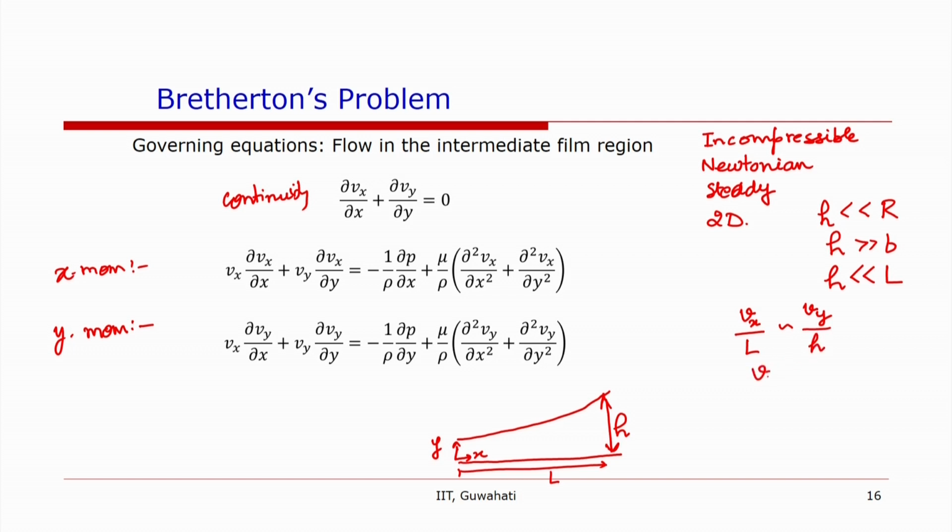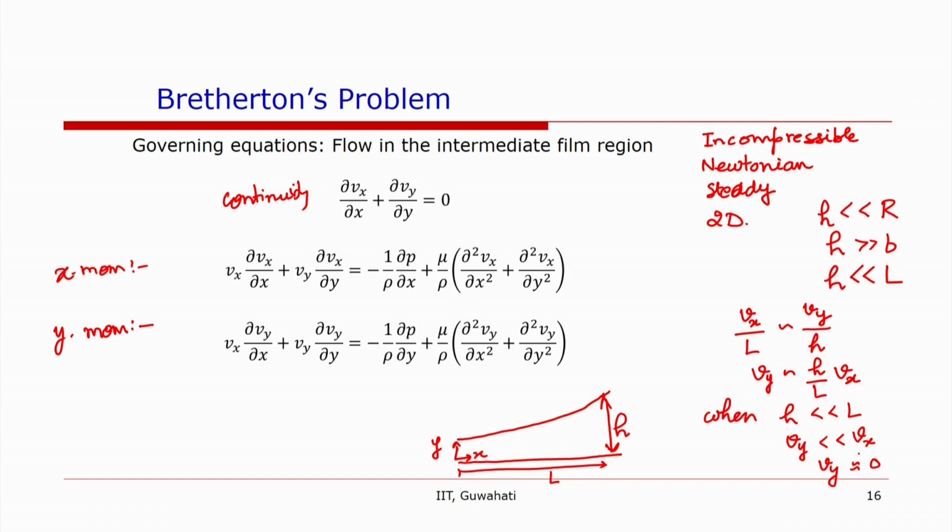If we write that, then Vy is equal to h by L Vx. So when h is smaller than L, then Vy can be negligible with respect to Vx. So we will neglect the Vy component in this.